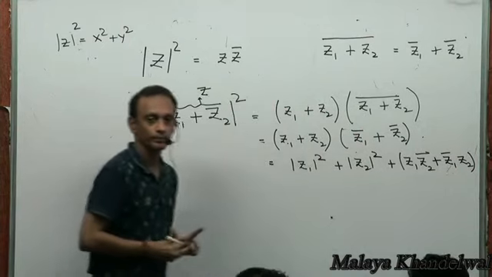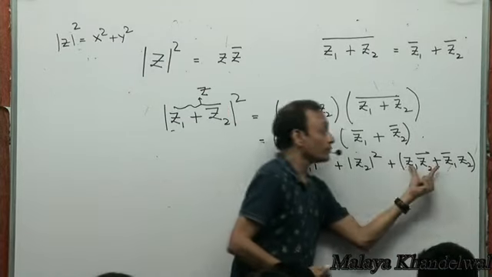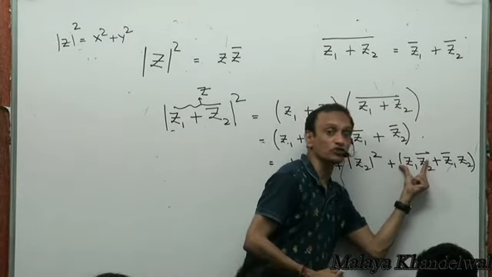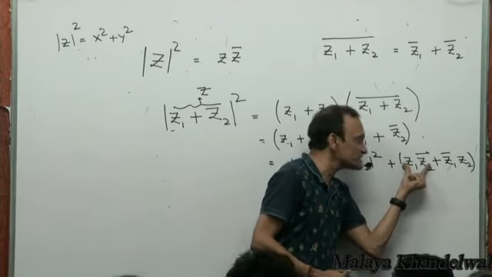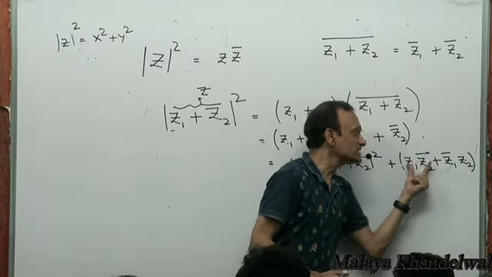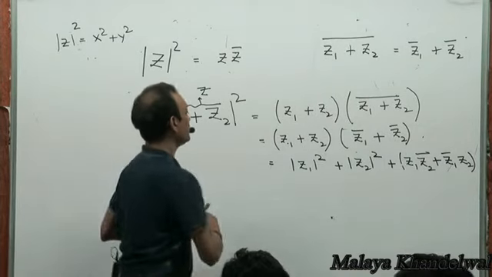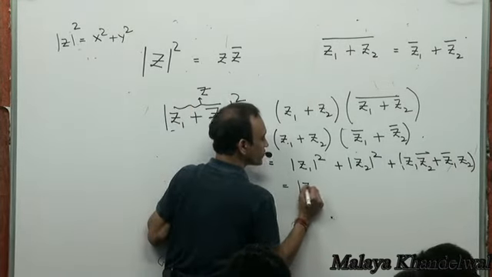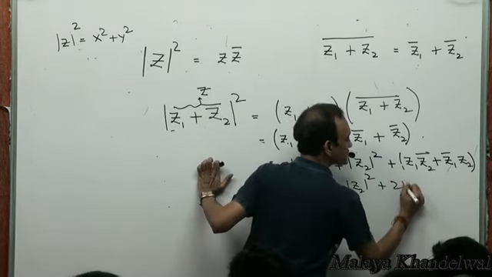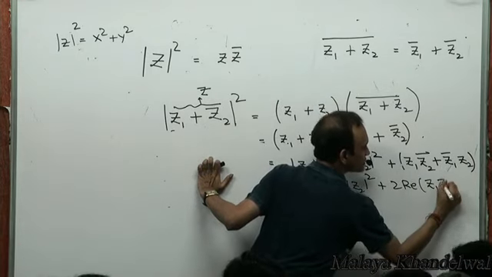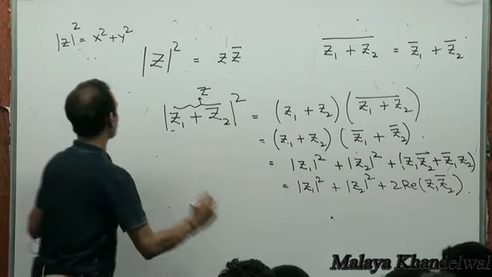How about it? Now, like I mentioned earlier, they are conjugates of each other. So z plus z bar is going to be twice real z. If this is z, this is z bar, and z plus z bar is going to be twice real z. Yes or no, Jayesh? Right? So this is going to be mod z1 squared plus mod z2 squared plus twice real z1 z2 bar. Yes or no? That's mod z1 plus z2 whole squared.